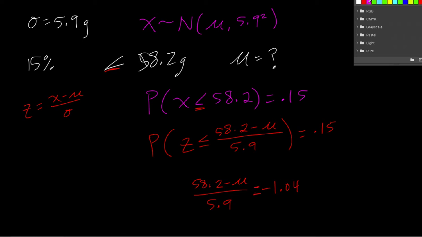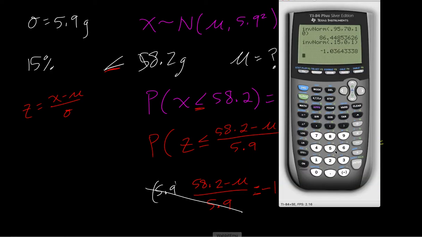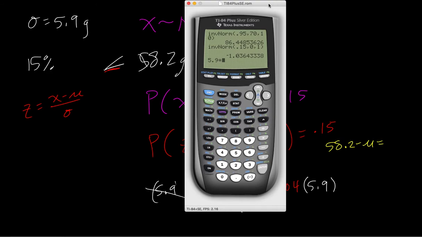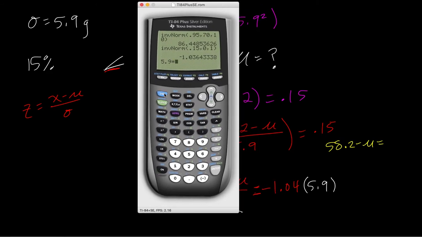Okay? And then from here, we can just do some basic algebra. So we're going to multiply both sides by 5.9. Cancel right there. And then we're left with 58.2 minus mu equals 5.9 times our previous answer.